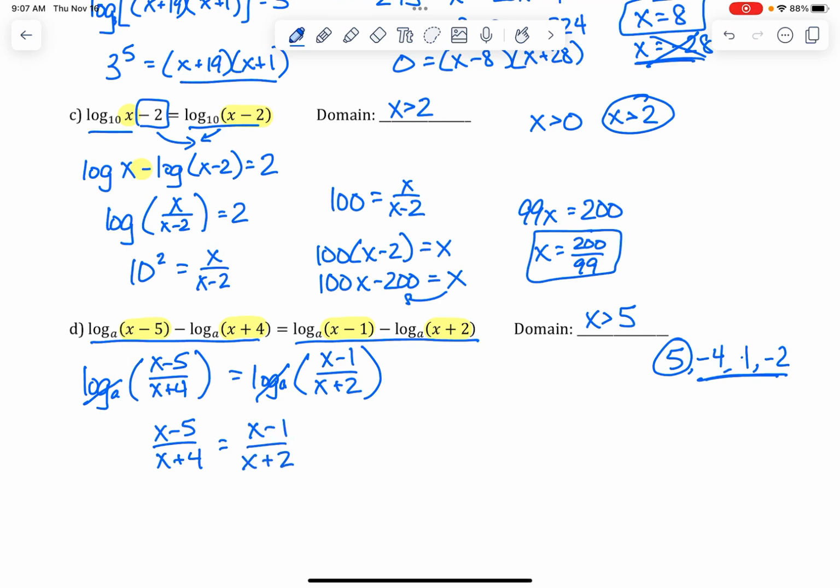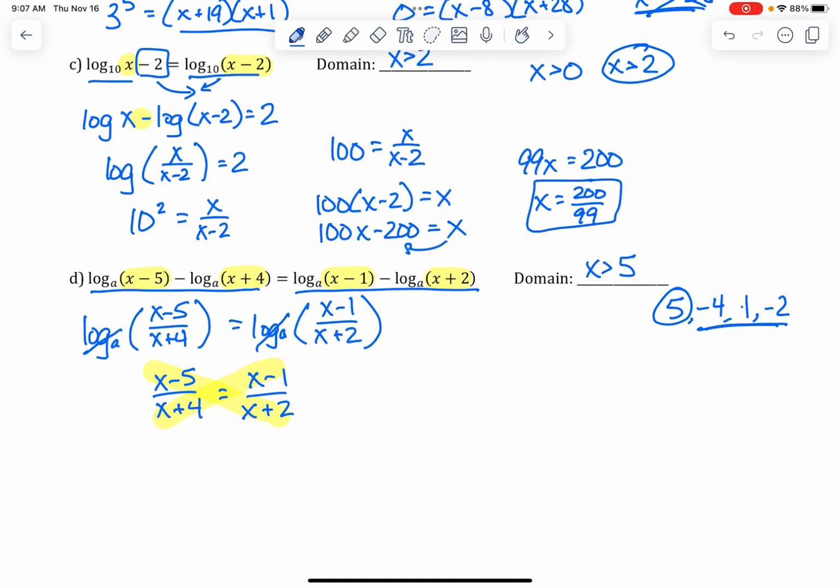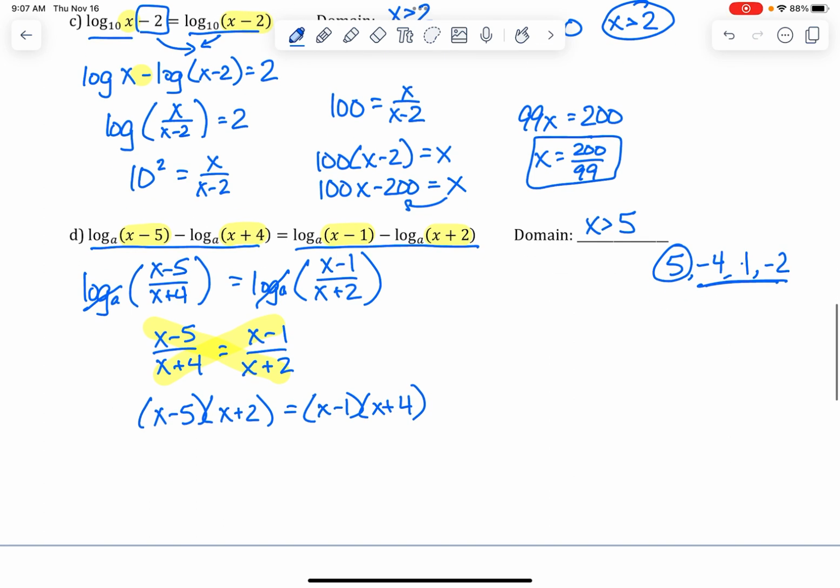So take the denominator of one, numerator of the other, vice versa, and multiply them out. x minus 5, x plus 2 equals x minus 1, x plus 4, and now it's just basic algebra. x squared minus 3x minus 10 equals x squared plus 3x minus 4.